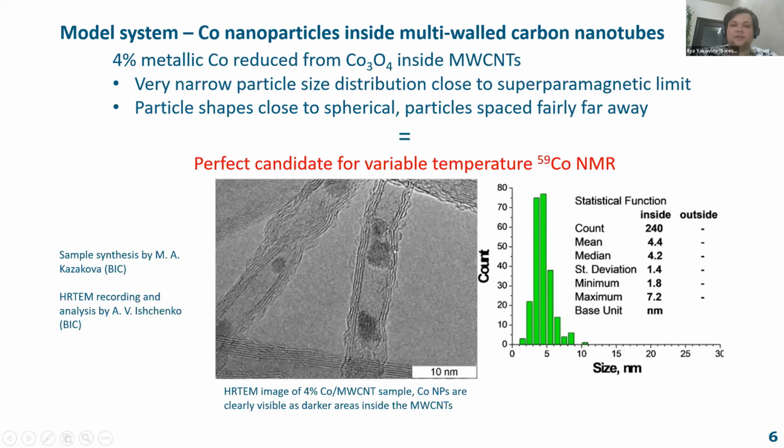According to TEM data, all the cobalt nanoparticles in the sample were located inside the carbon nanotubes, and thus they were limited in size to roughly 4 or 5 nanometers by the walls of the carbon nanotubes, which resulted in a relatively narrow size distribution of cobalt particles, and the size of these particles was quite small.